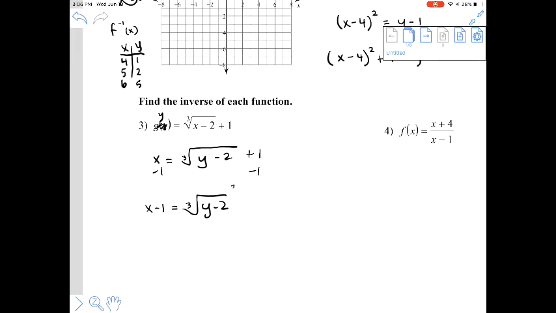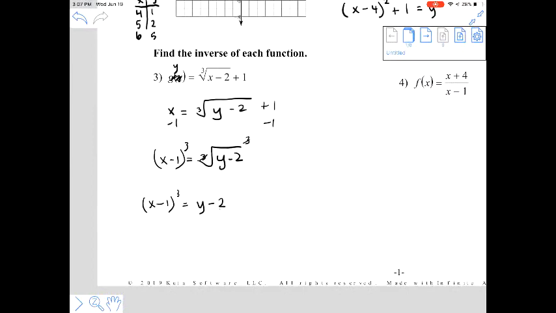And then raise both sides to the third power, because the cube root and the third power are opposite operations, or inverse operations. And last step is to add 2. So we have x minus 1 cubed plus 2, and this is the inverse of g.